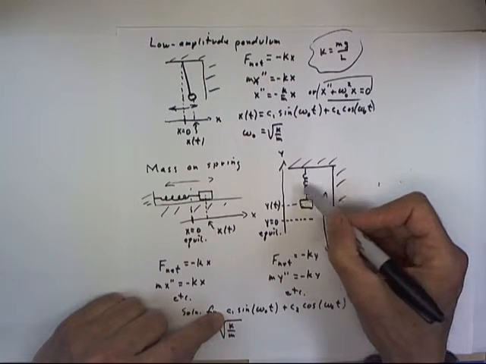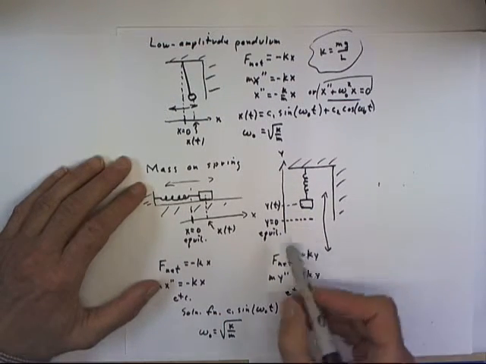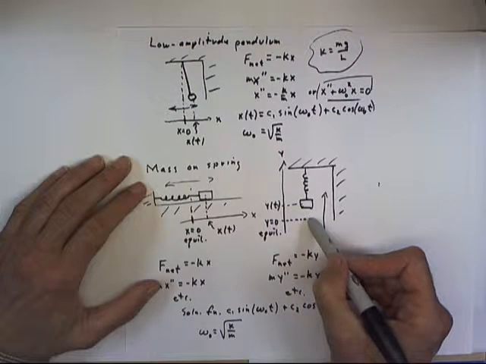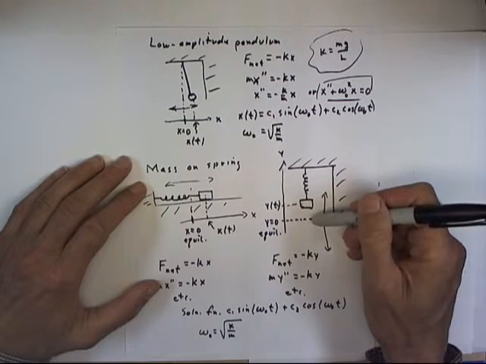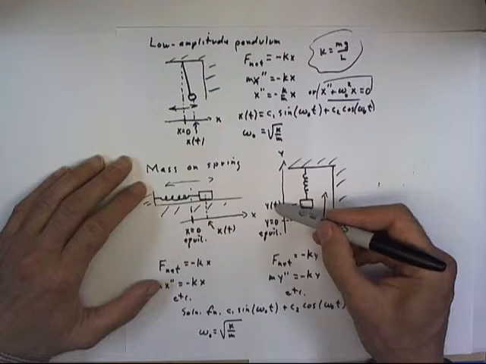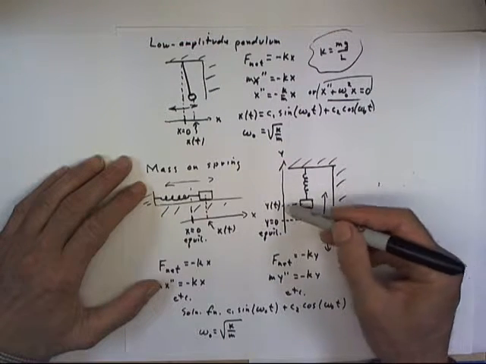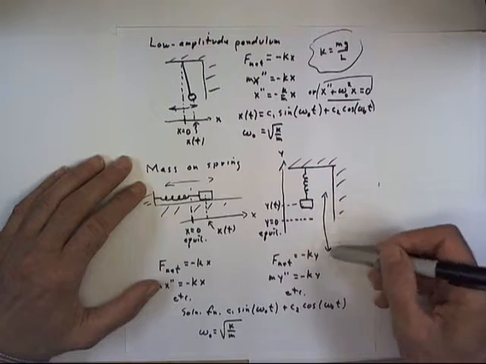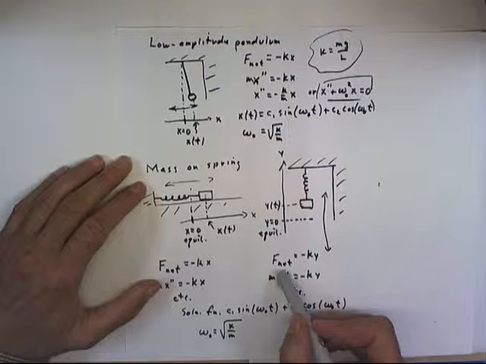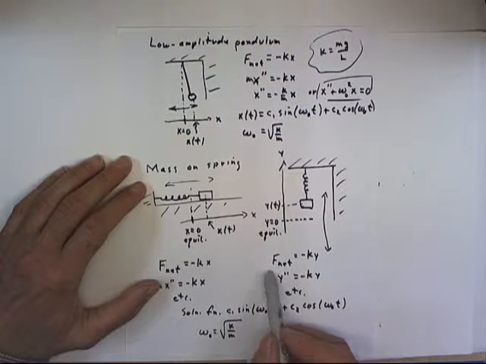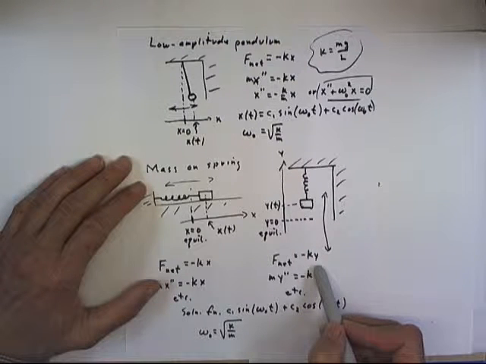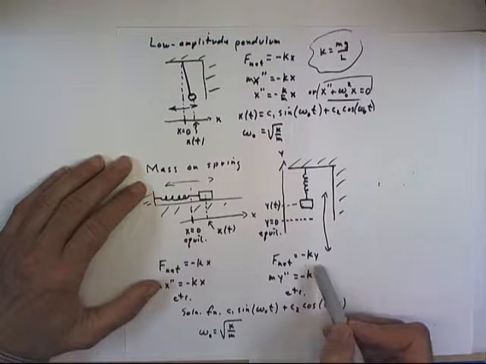If we hang the weight so that we have some equilibrium position, the position at which the weight would rest without moving, and we set up a y-axis where y equals 0 at equilibrium and y of t is the position function, we get an up and down oscillation. In this case, F net would be negative ky, which is exactly the same as F net equals negative kx, except here we happen to be using y for the position function.